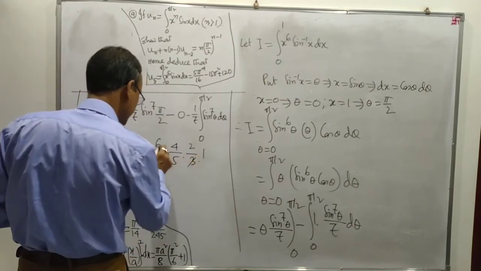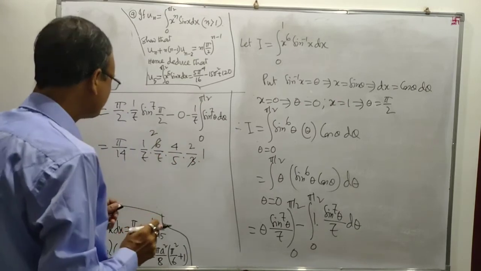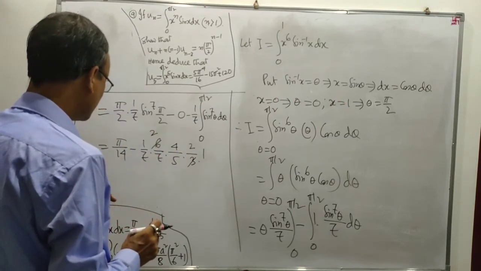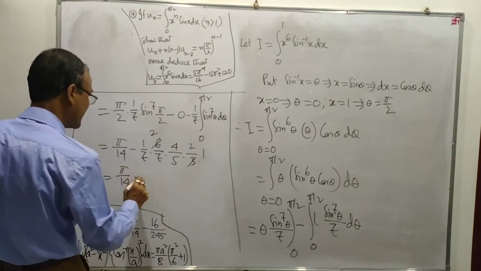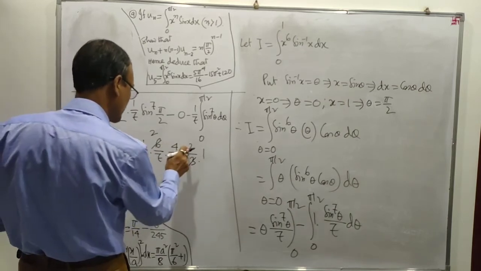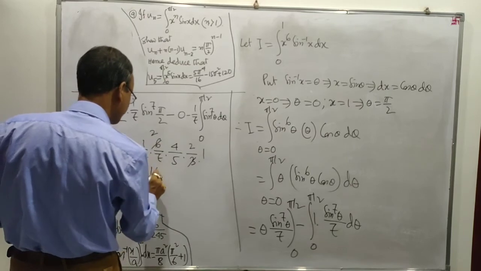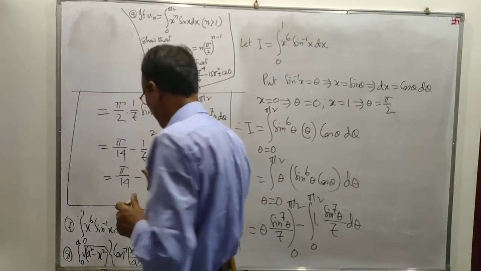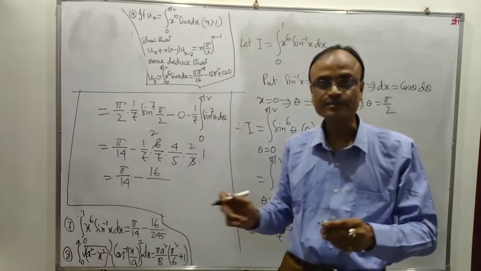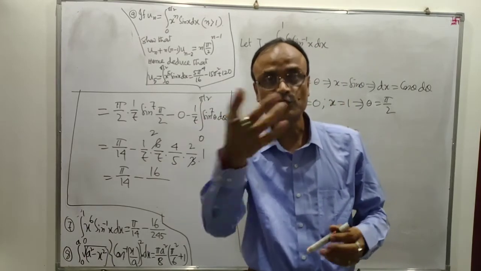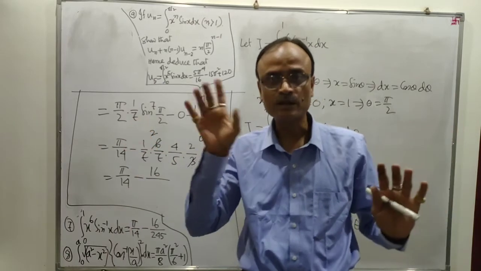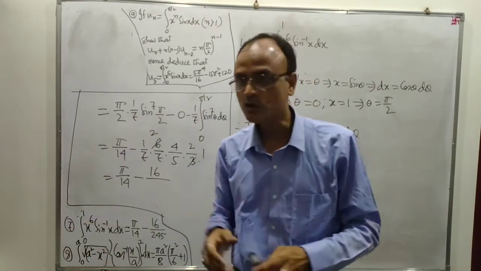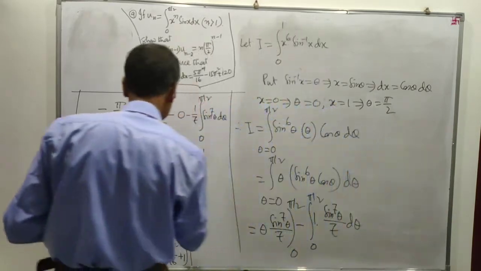It will be equal to pi by 14 minus 4 into 2, 8 into 2, 16 divided by 49 into 5. 50 into 5 is 250, 250 minus 5 equal to 245. It will be equal to 245.